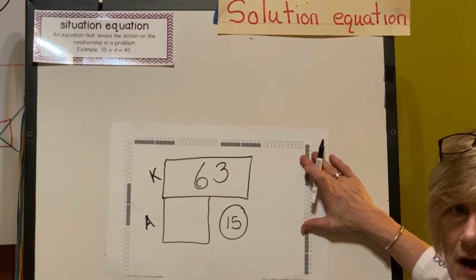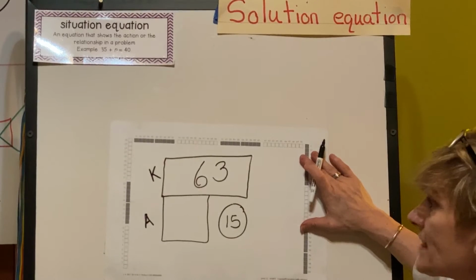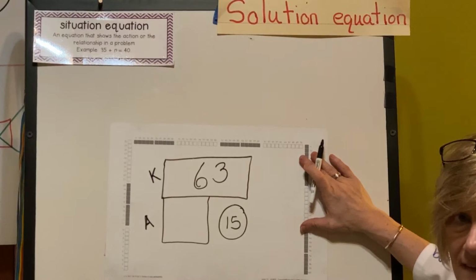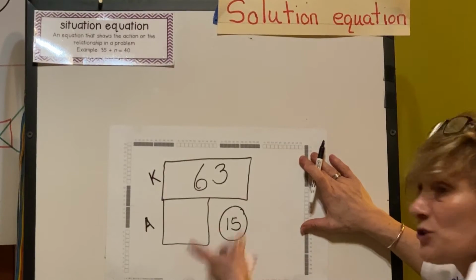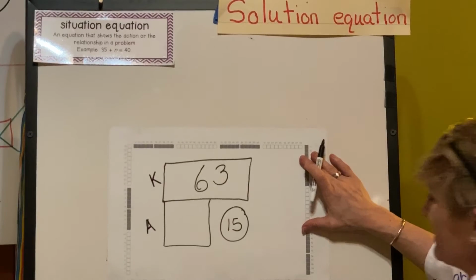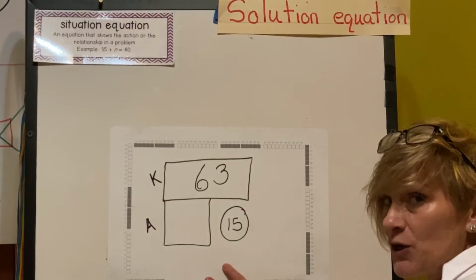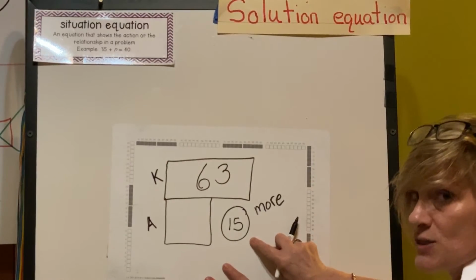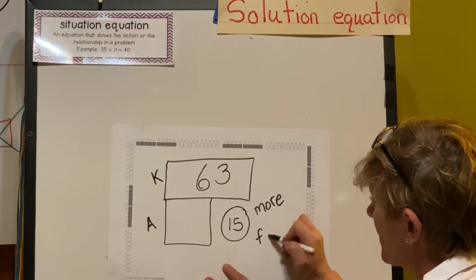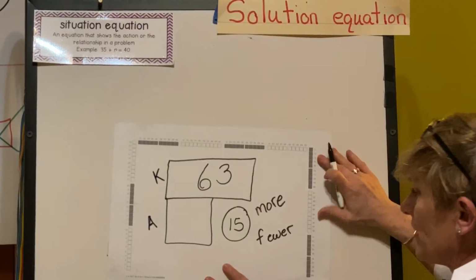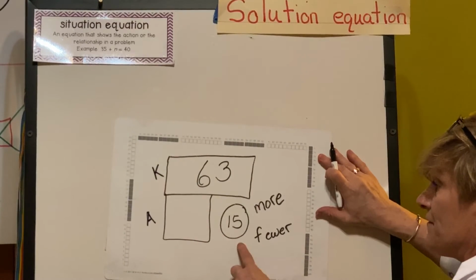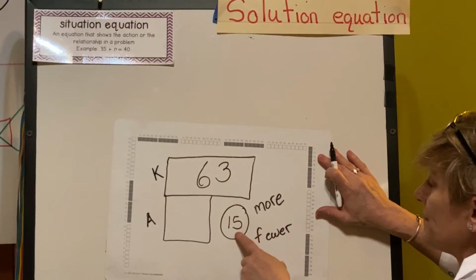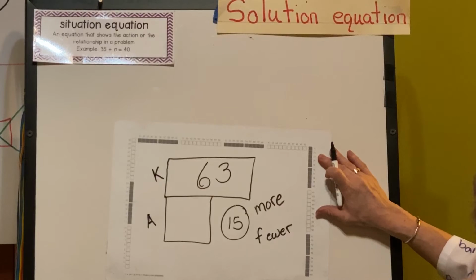What kind of a story problem could this be? Cohen's got 63 of something. Avon, we're trying to figure out what he has, right? So we know in that circle, let's remember, the circle is the more. The circle is also telling us about the fewer. So we know that Avon has 15 fewer. Cohen has 15 more.